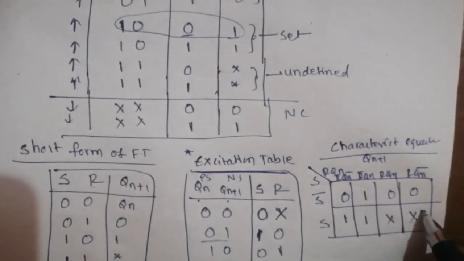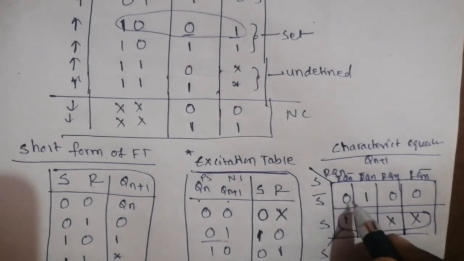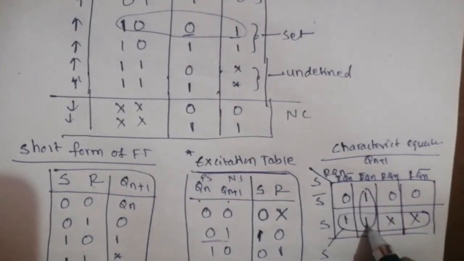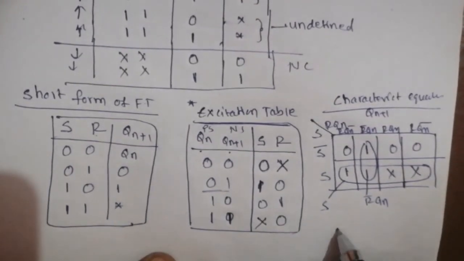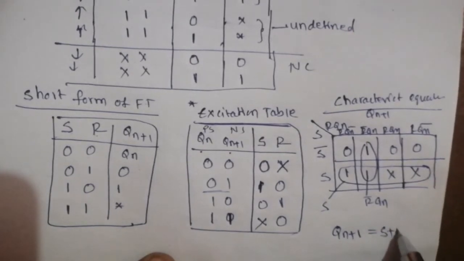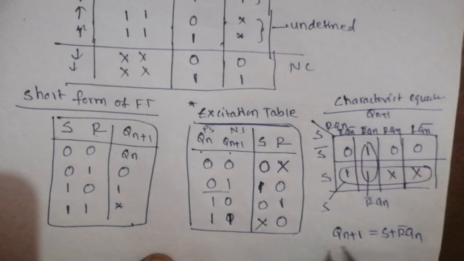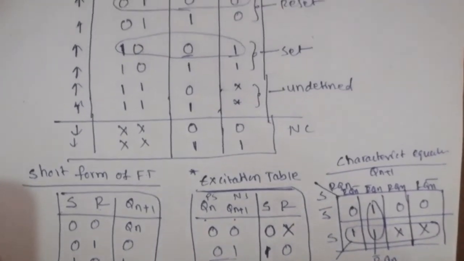Including don't care, first form one quad, the answer is S, and here one pair is there, R bar Qn. So your characteristic equation, which is very important for competitive exams: Qn plus 1 is equal to S plus R bar Qn.